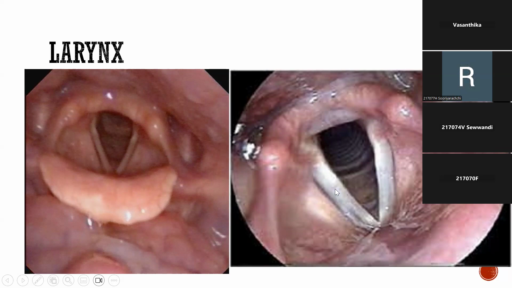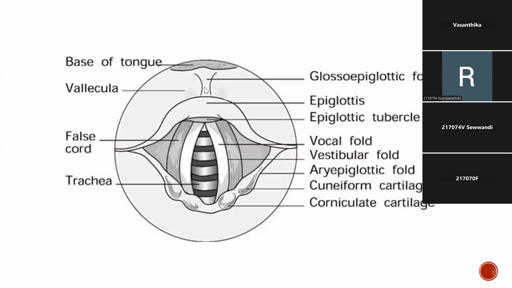Arytenoids, this is the opening of the esophagus, this is the opening of the trachea, and this is called the piriform fossa. On either side you have the piriform fossa, arytenoids, epiglottis, aryepiglottic folds and valleculae. So these are the major anatomical structures of the larynx you have to remember.